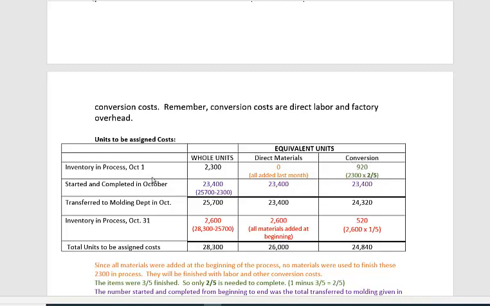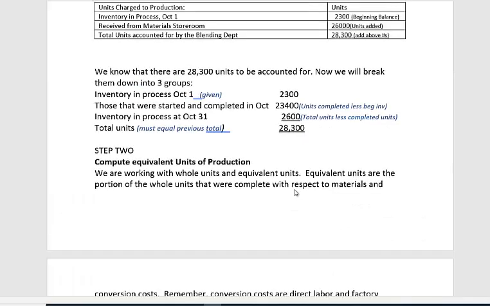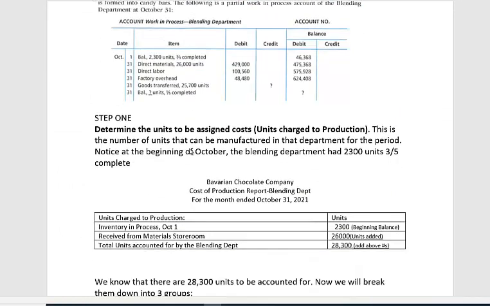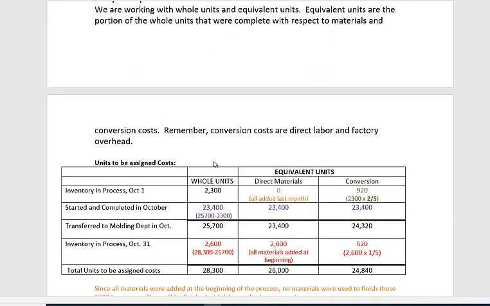So for beginning inventory, there was no additional direct materials added, so we're going to put 0 for equivalent units there. For labor and factory overhead, we needed to complete what was not completed in September. In September, 3/5 was completed, so we have to continue and complete the other 2/5 in regard to conversion costs.